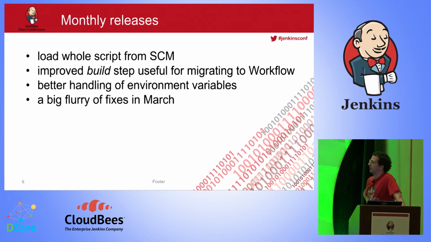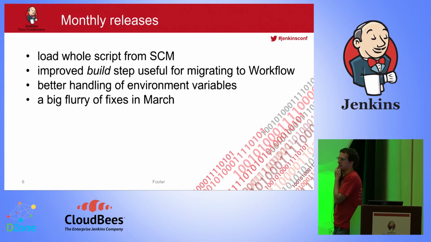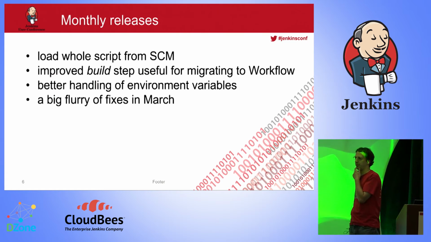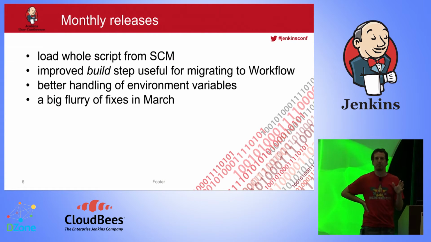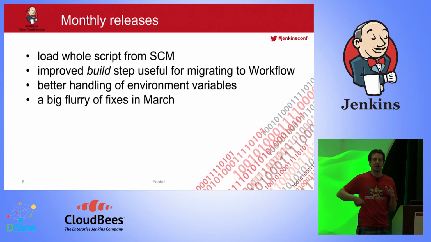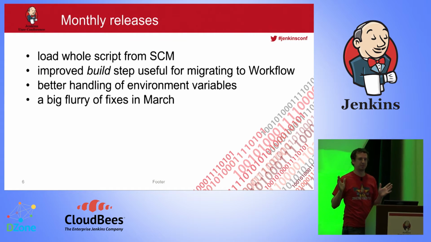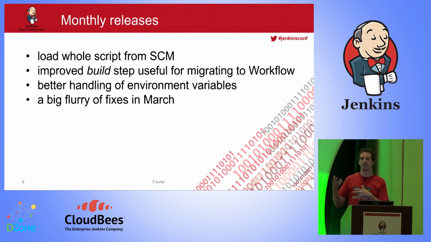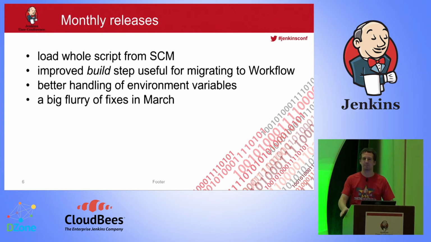One major thing that we realized we needed was that people wanted to be able to keep their whole script in version control along with their actual project sources. So the idea is that everything that your project is doing, including the Jenkins component of it, should all be versioned together in one repository. So we've added some basic support for that so far.